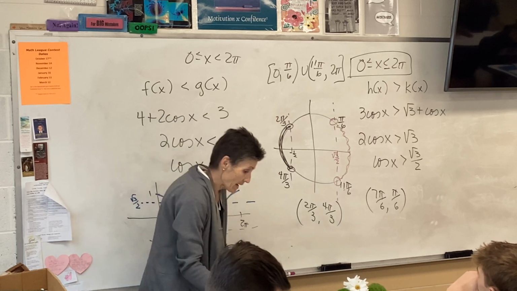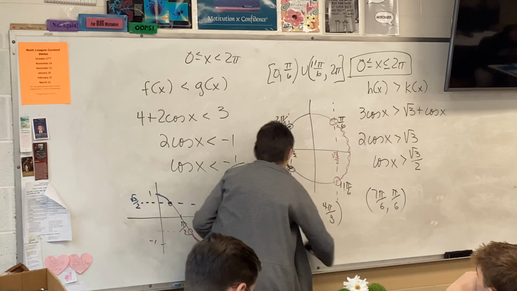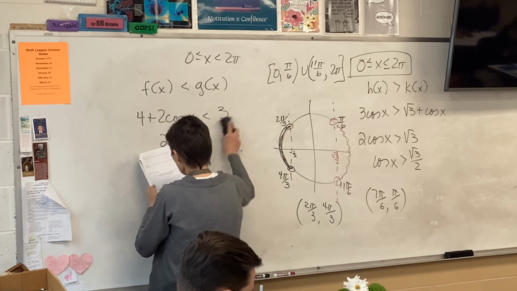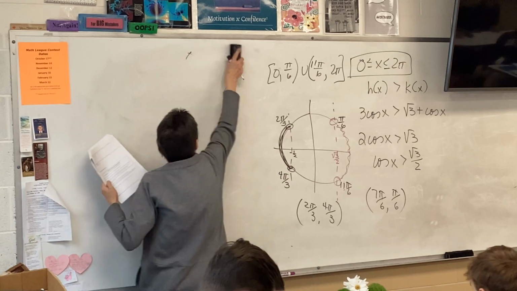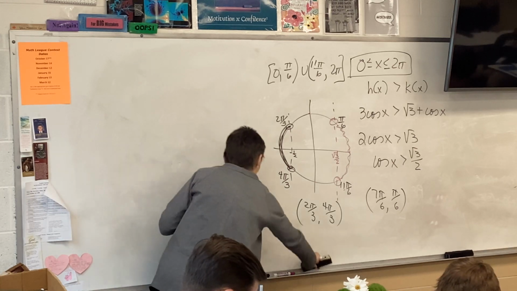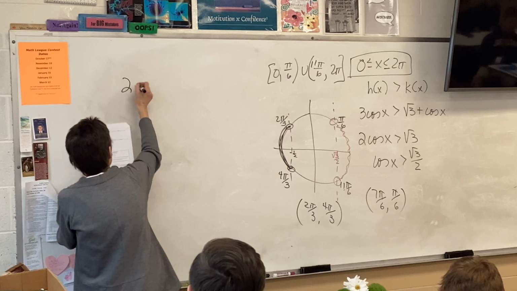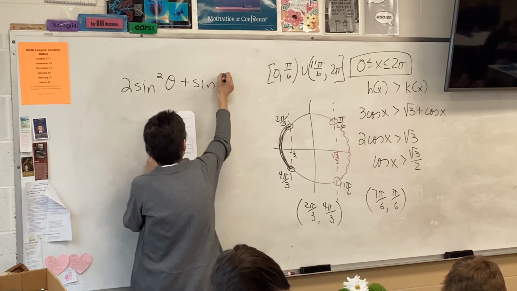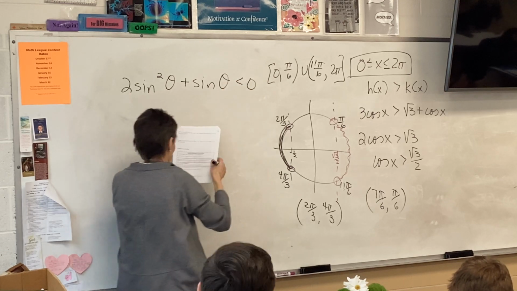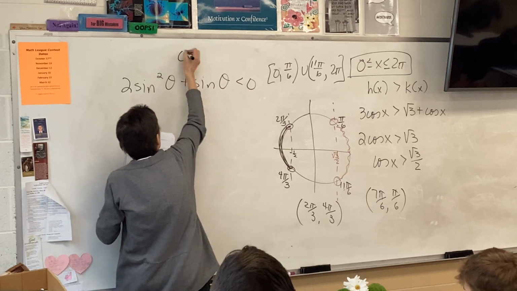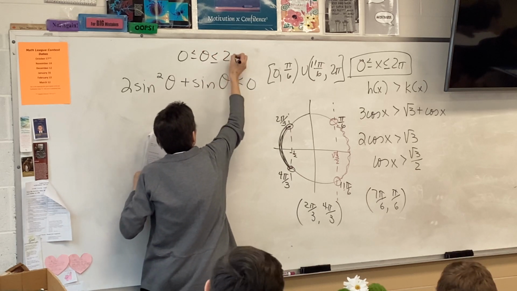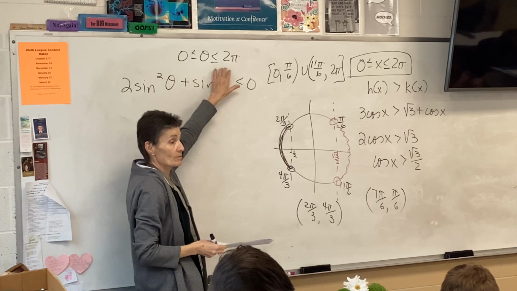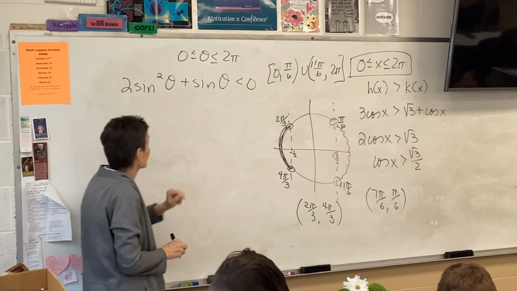Okay. Now we're going to get a little bit more complicated. Take a look at example 5. Now we have a quadratic situation. All right, and he's including 2 pi here, so we'll pay attention to that.